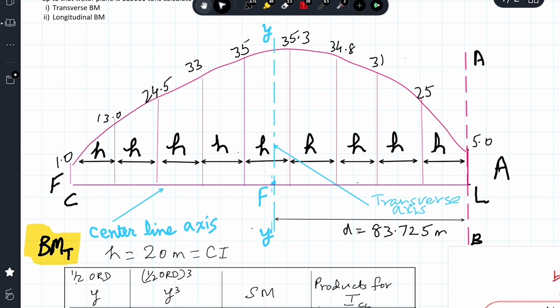So this one here, our ordinates are parallel to the axis. See, AB is axis, and YY is the centroidal axis, and parallel to it is the axis AB at aft end. My half ordinates are also parallel. So when ordinates are parallel to the axis, we don't do the cube function.